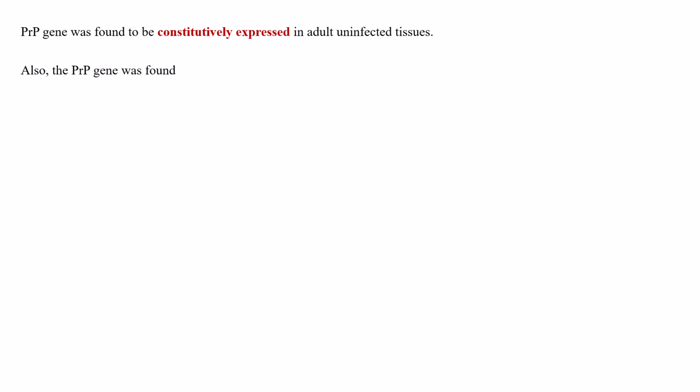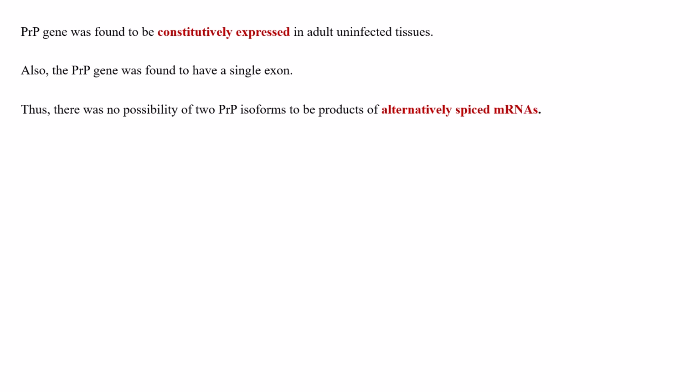Once cDNA probes for PRP became available, the PRP gene was found to be constitutively expressed in adult uninfected tissues. Also, the PRP gene was found to have a single exon. Thus, there was no possibility of two PRP isoforms being products of alternatively spliced mRNAs.